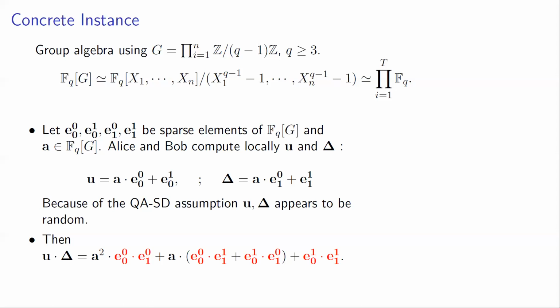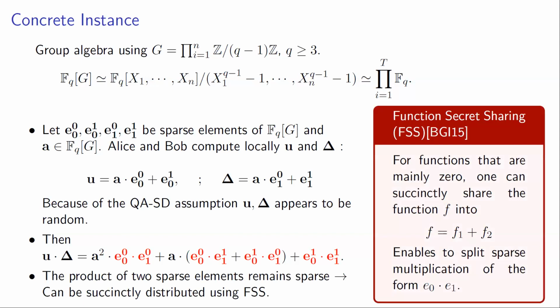And we know how to produce additive sharing of sparse elements because of function secret sharing, which is a primitive introduced by Boyle, Gilboa, and Ishai in 2015, which says that if you have functions that are mainly zero, then you can split it into two different functions in a single way. Therefore, we can use it and obtain a single OLE over FQG. Because of the isomorphism, we obtain T different OLEs over FQ.